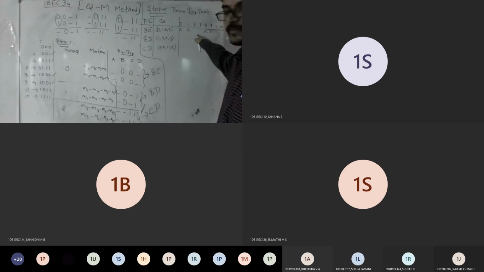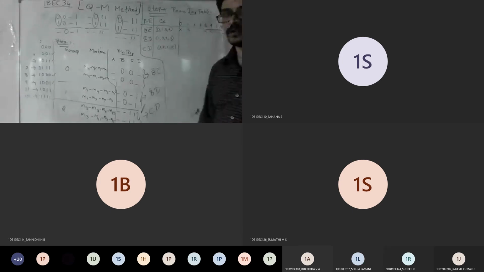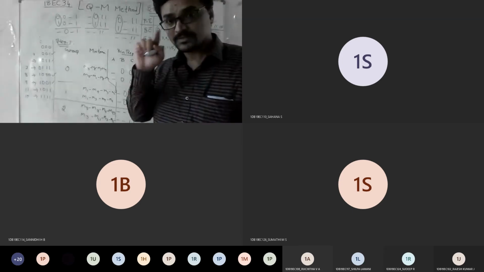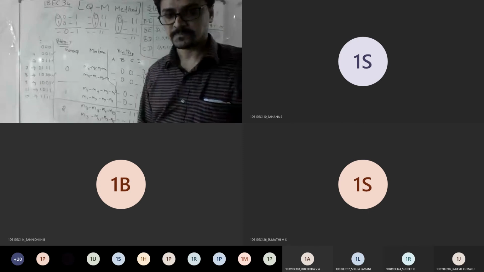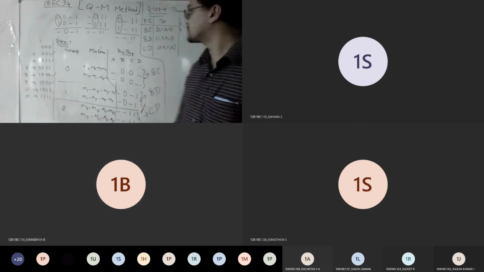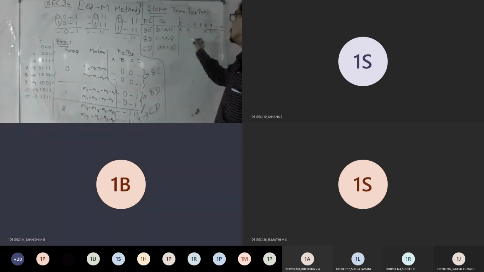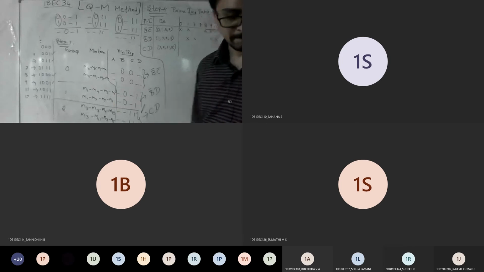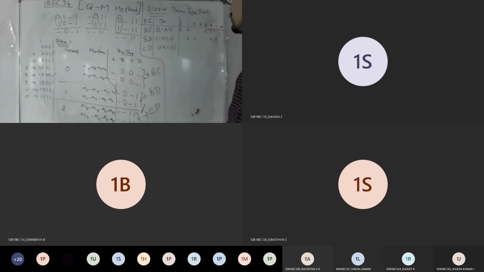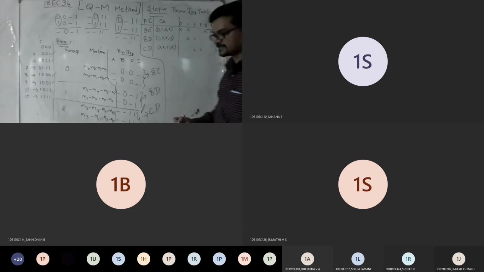So from the question, whatever we have got, just do a cross mark here. Why you should do it, I will tell you. Is it done till here? Yes, sir. What is next? 1, 3, 9, 11. So 1 is here, 3 is here, 9 is here, 11 is here. Similarly, the last one: 3 is here, 7 is there, 11 is there, 15 is there.